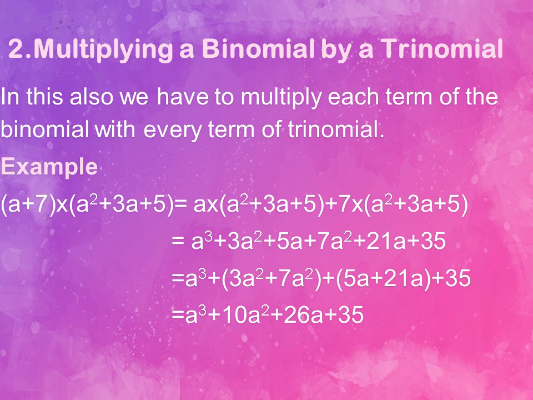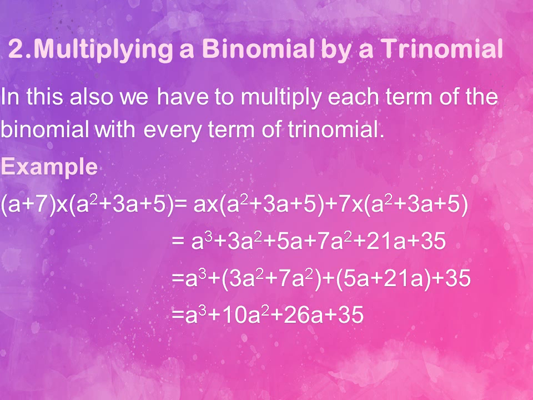So first of all, a into the trinomial a square plus 3a plus 5, plus 7 into again the trinomial a square plus 3a plus 5.